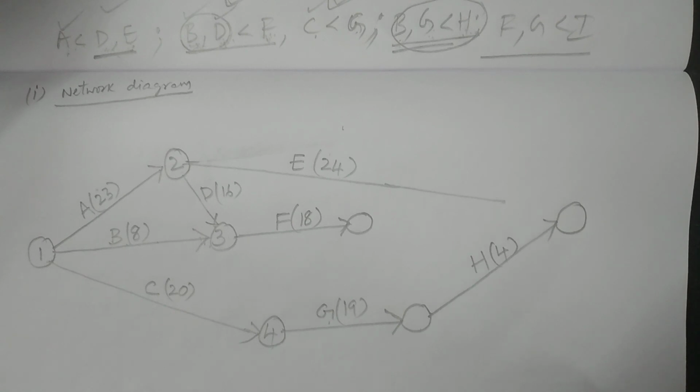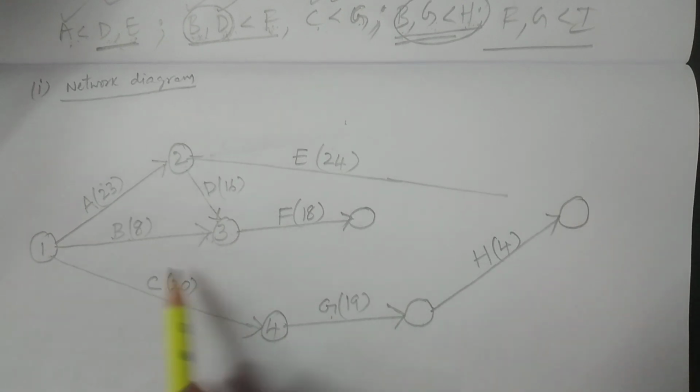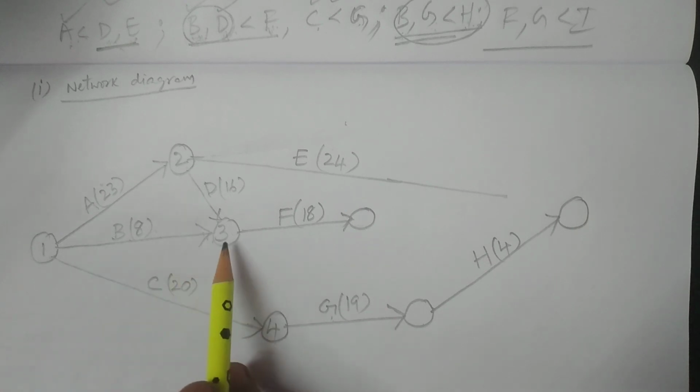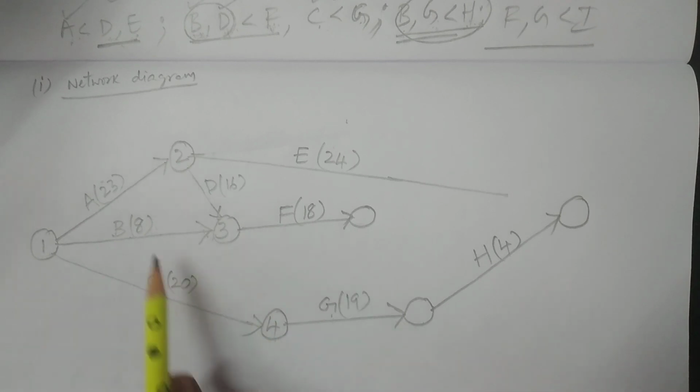Otherwise, we have to consider a dummy activity, which is going to be clearly connected and clearly explained in the network diagram. So therefore, there is no relation. These are independent activities. B is going here, connecting to some other activity F, and G is constructed here, and therefore B and G are independent activities now.